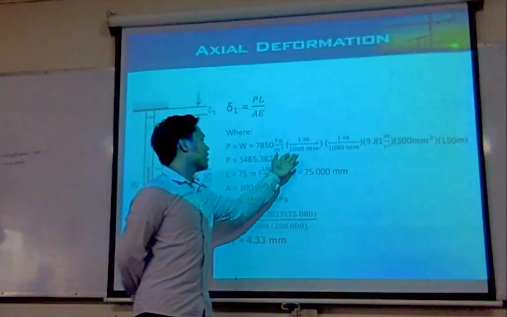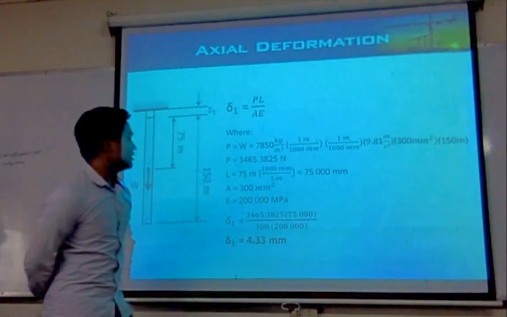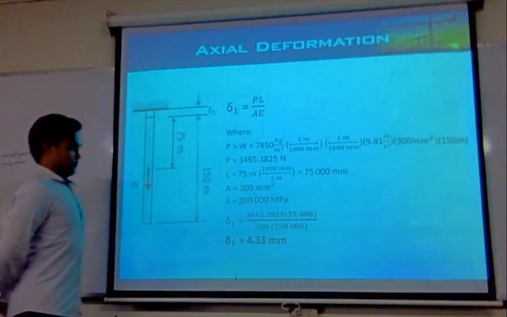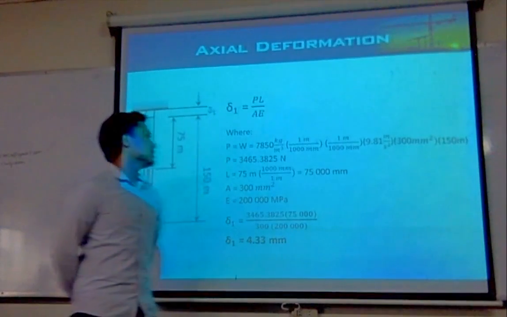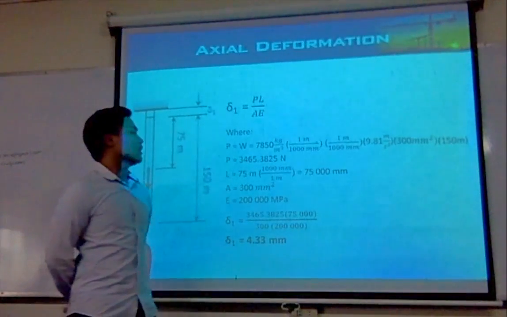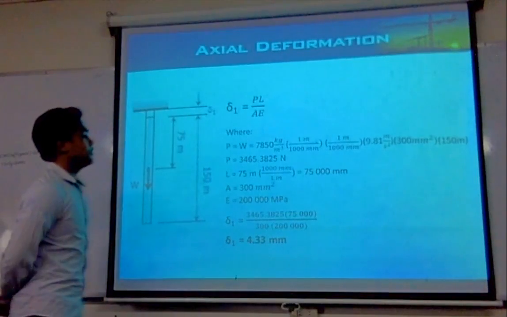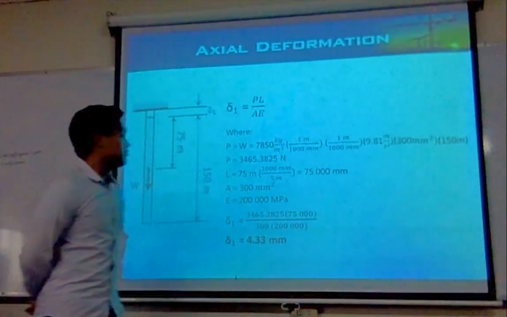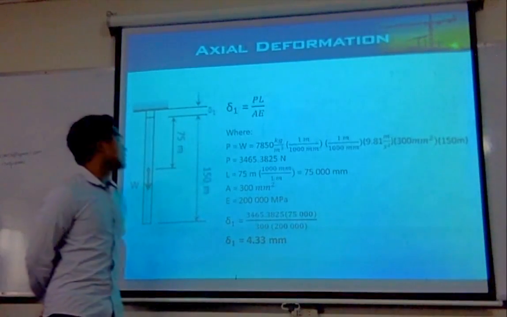We divide by 1000 millimeter squared, and multiply by the gravitational constant, 9.81, times 300 millimeters squared, the cross-sectional area, and 150 meters for its length.